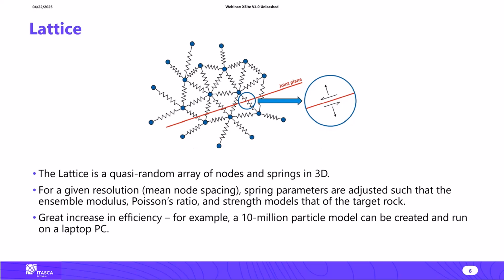The reason that we use lattice in XSite instead of, let's say, a particle flow code type of formulation is that lattice is more efficient and allows us to simulate problems that can have up to 10 million particles on standard personal computers.